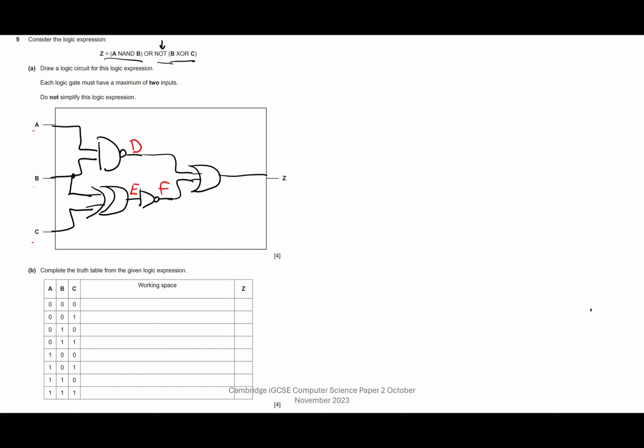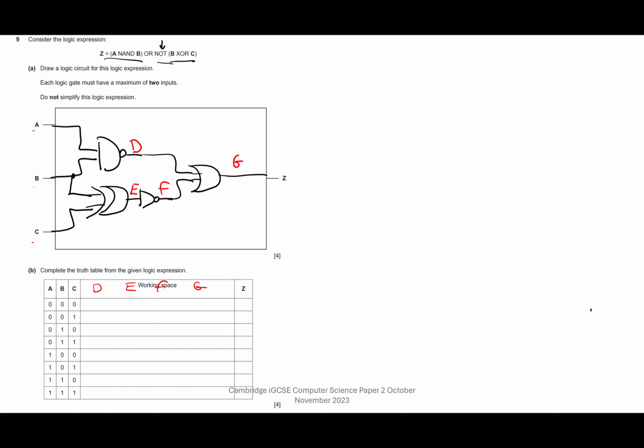Now technically the OR gate here does have a label that's Z, but if you're just comfortable using this as a method and you want to give it a label, let's go ahead and give it a label here, G.